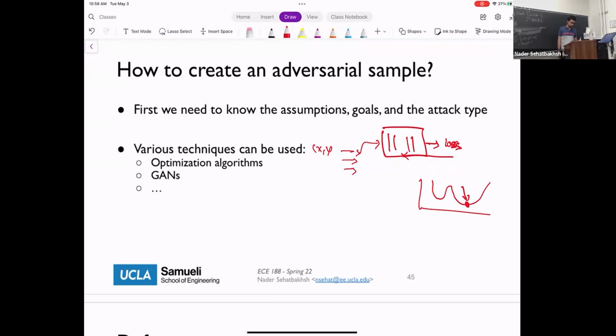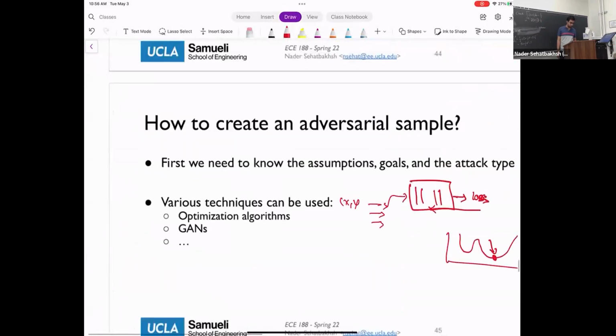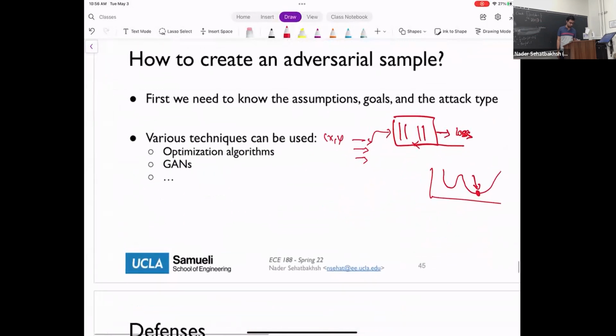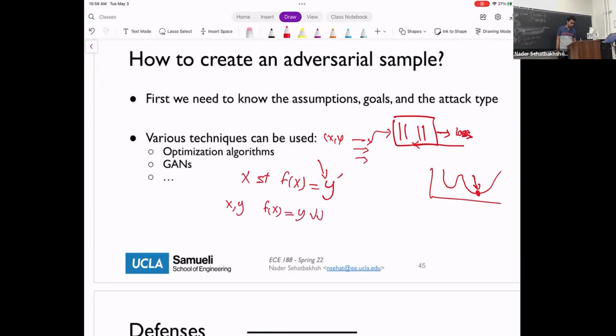So what you want to do is create an X such that f of X is equal to Y prime, and this Y prime is the adversarial label that you want. If the original X results in Y, which is the correct label, what you want to do is substitute this Y with Y prime, which is an incorrect label.